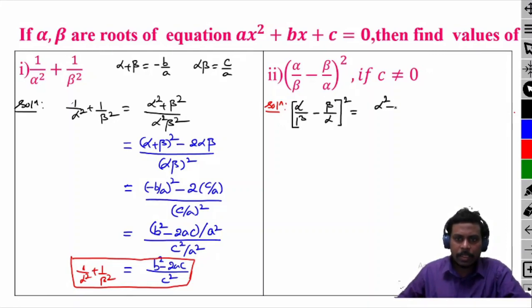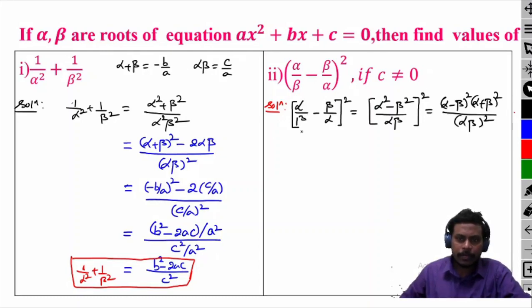This can be written as alpha square minus beta square divided by alpha beta whole square. Now that can be written as alpha minus beta whole square into alpha plus beta whole square divided by alpha beta whole square.